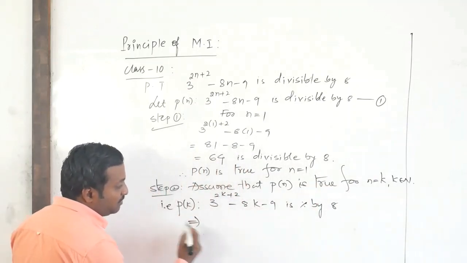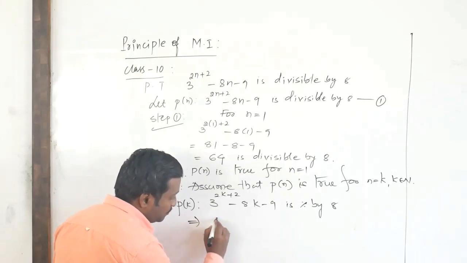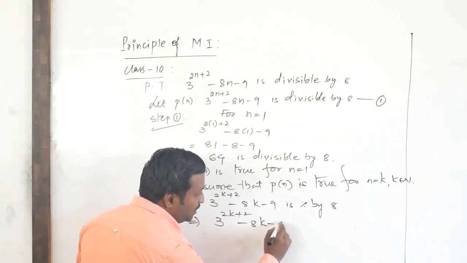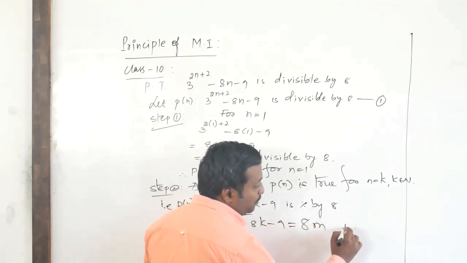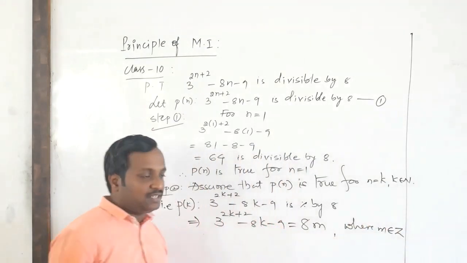This statement is important for step 3. Divisible by 8 means we can write 3 raised to 2k plus 2 minus 8k minus 9 is equal to 8 into m, where m is any integer. Just consider this.